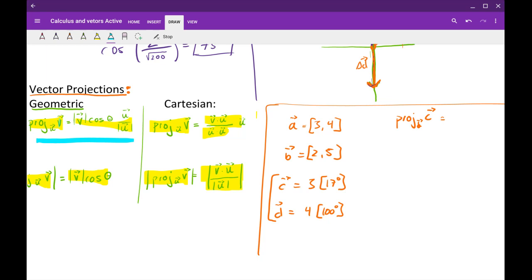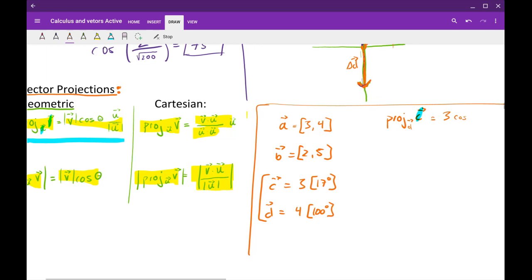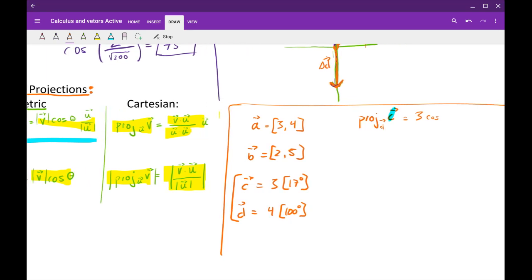My C vector is my V vector, and my U vector is my D vector. So basically it starts out with the magnitude of C, which is 3. Cosine of theta would just be the cosine of the angle between these two vectors, which would be 100 minus 17.